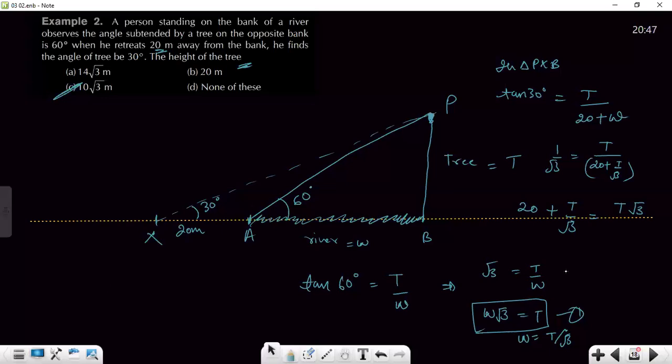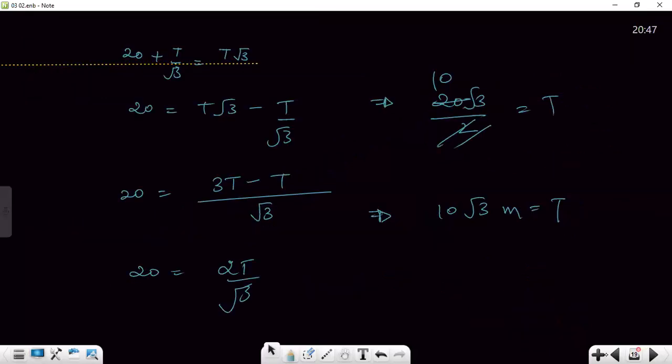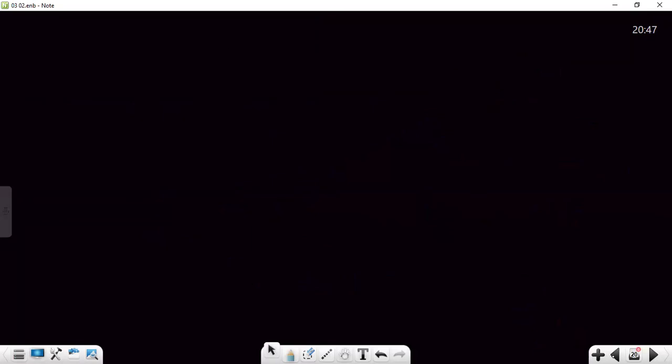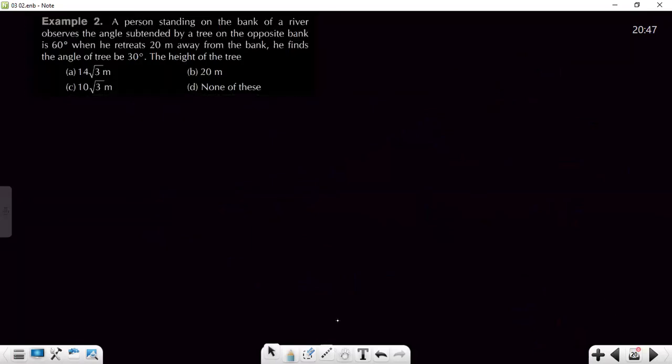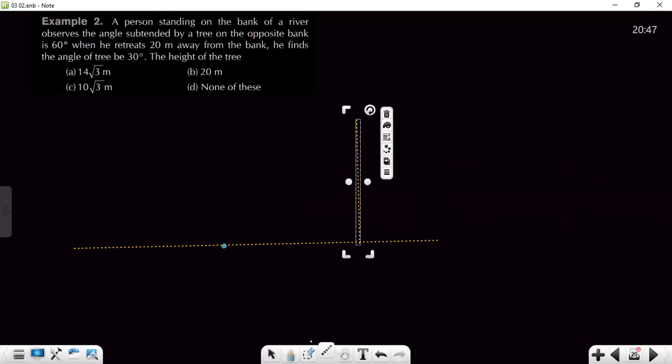Okay, let's solve this question using an easy method also. So that shows our ground. Here we were, and here was the tree. Tree is standing like this.